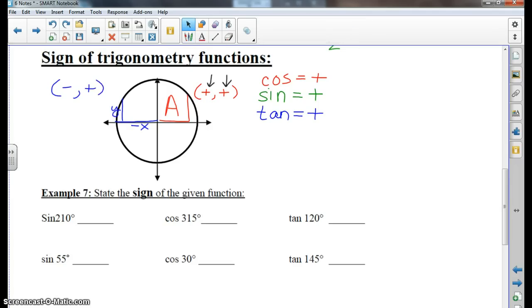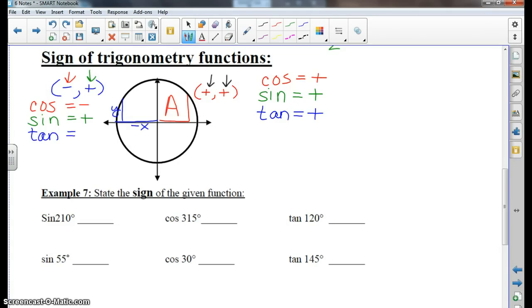And what that means in the second quadrant is that the cosine, which is determined by the x-coordinate, will be a negative value. The sine, which is determined by the y-coordinate, will be a positive value. And the tangent, which is determined by y over x, will also be negative, because positive over negative is negative.